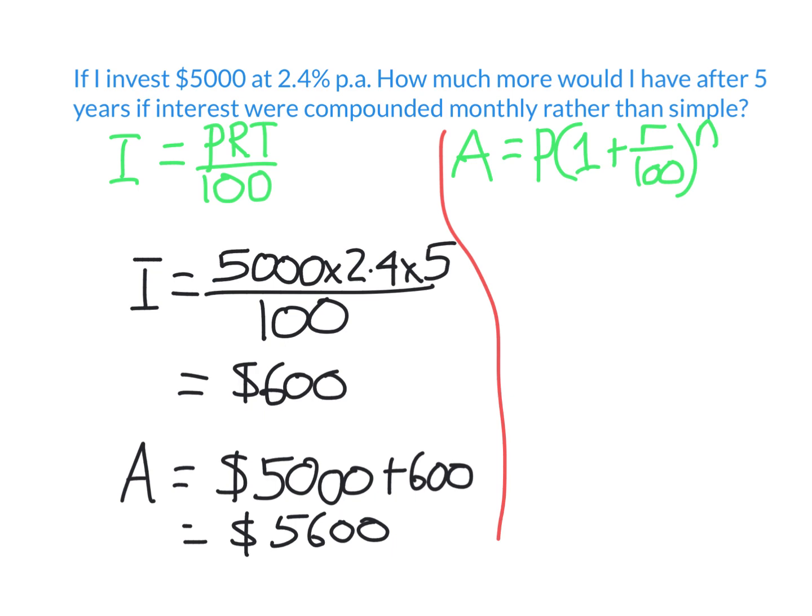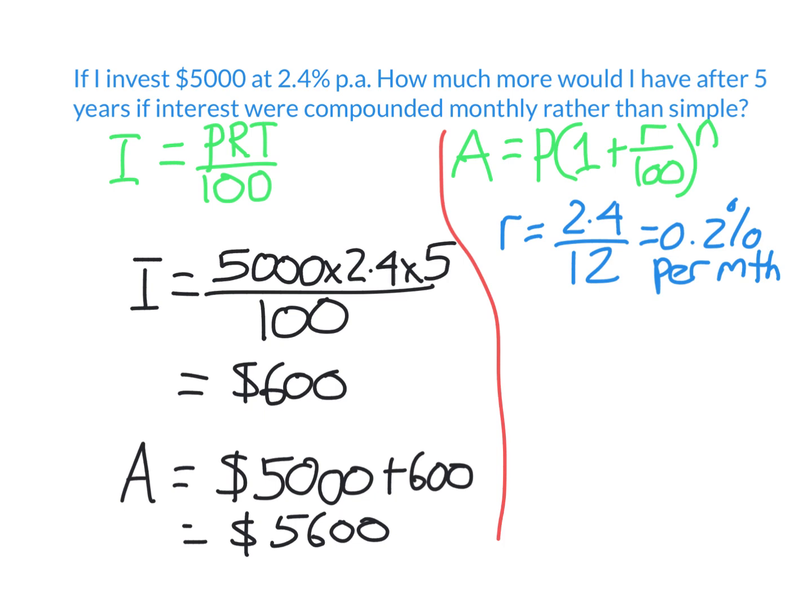Compounded monthly means you recalculate how much interest is earned at the end of each month. So if R is 2.4% per year, it will be 2.4 divided by 12. It will be 0.2% per month. Of course, I divided by 12 because there are 12 months in a year.